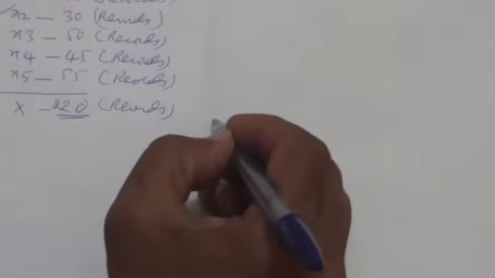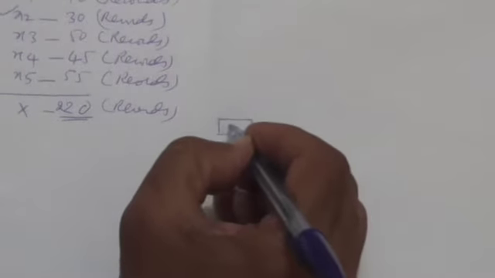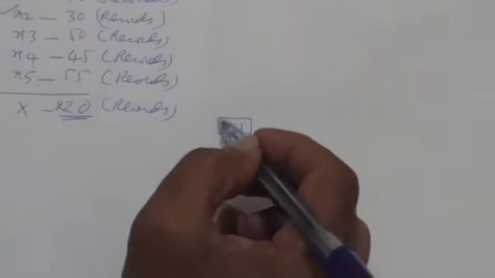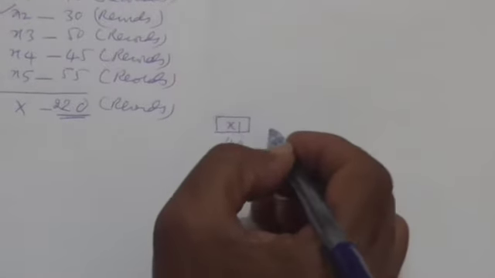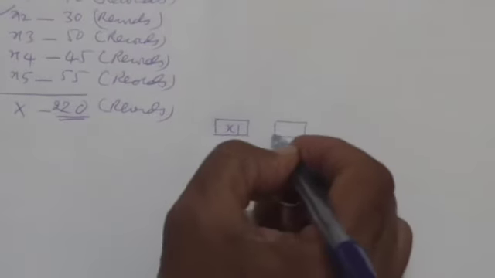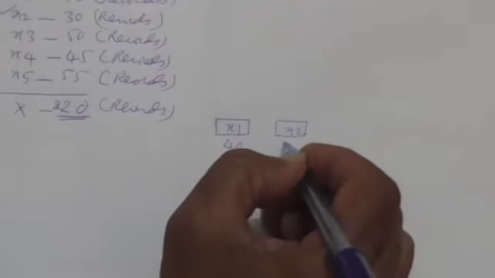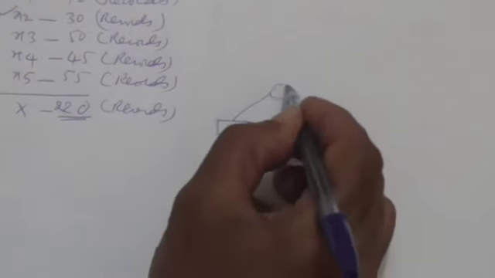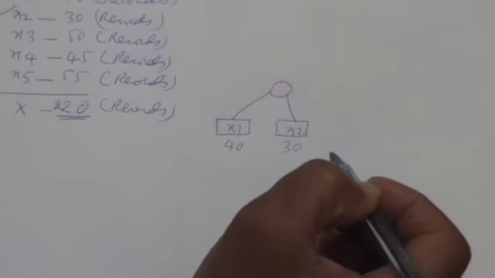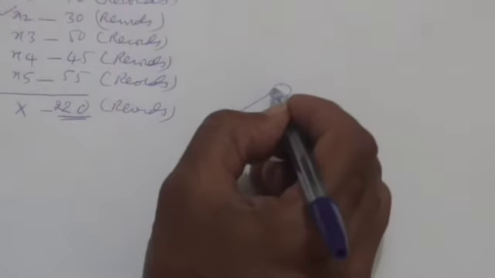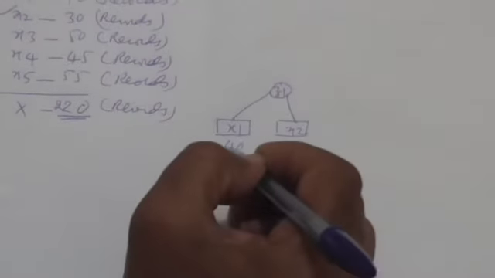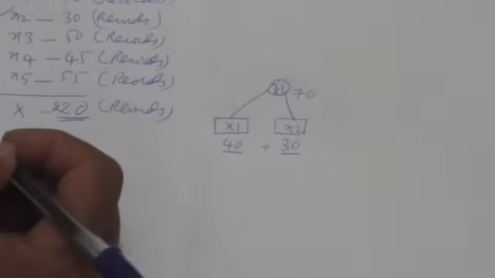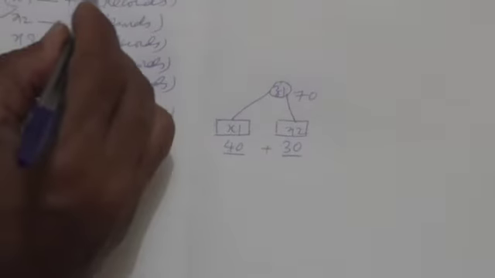Thereby I create a tree with one external node x1 and the other one x2, containing 30 records. So I create a new file called Z1 containing this 40 and this 30. So 40 plus 30, it is containing 70 records. Now these two have been merged.